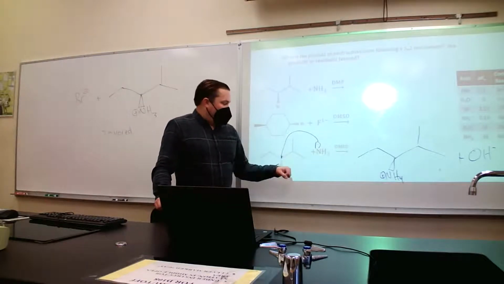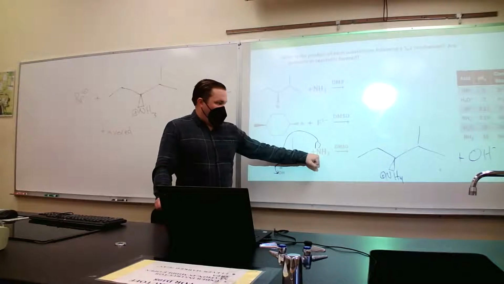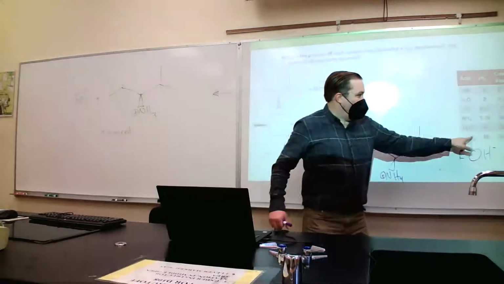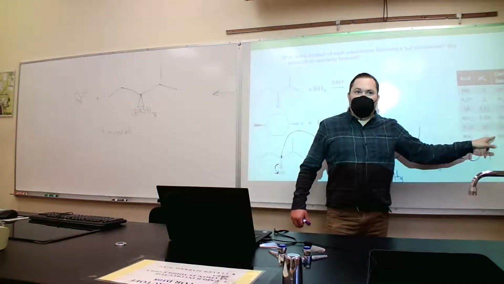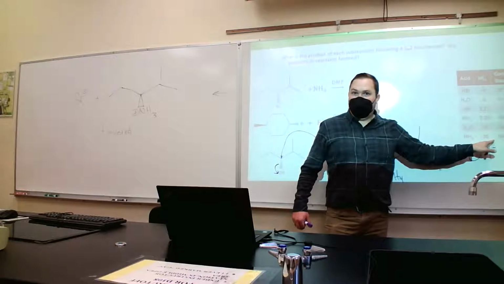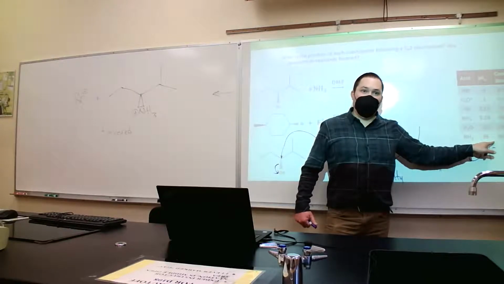If we did this at a pH where we actually were able to have this be in the form of amide, now we're talking about a pKa of 38. So we can replace a hydroxide with a nitrogen. We just have to get to really, really basic conditions.